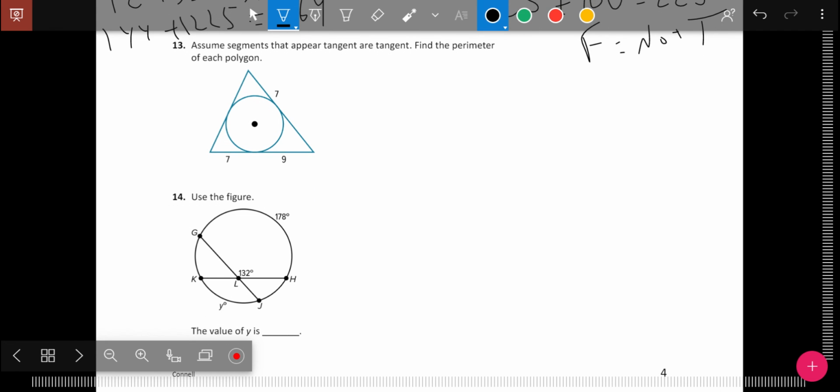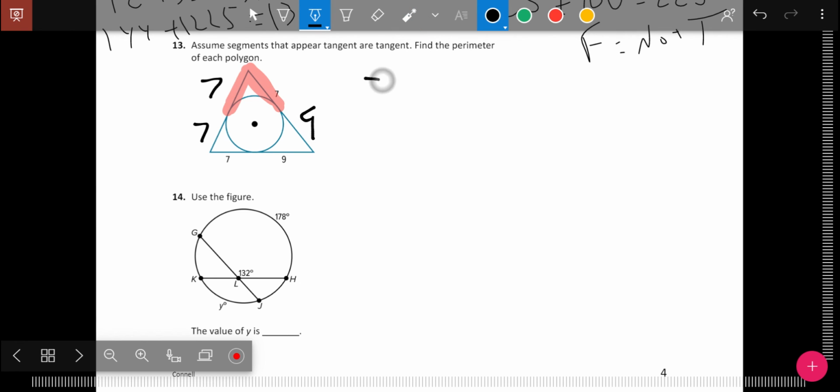13, again, they are tangent, they appear to be. And so if they are both tangent, right? These are both tangent. This side and this side would be the same. And so this is 7. And then down here, if this is 7, then this is 7. And then if this is 9, this is 9.